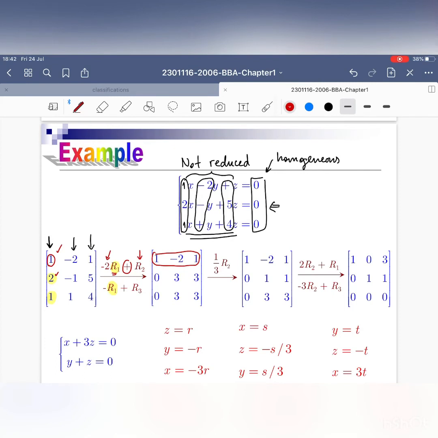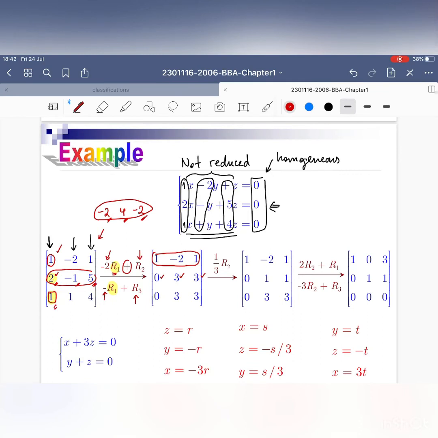So the -2 multiplied here becomes -2, 4, and -2, and then as you add all these to your second row, you are going to have a 0, a 3, and a 3. You see, 2 and -2, 4 and -1, -2 and 5. So you have the new second row. And for your R3, you are going to get rid of this 1. So you multiply your R1 by the opposite number, which is -1.